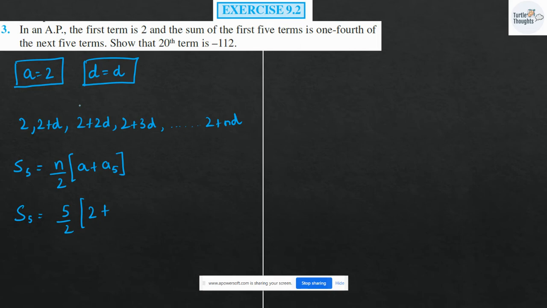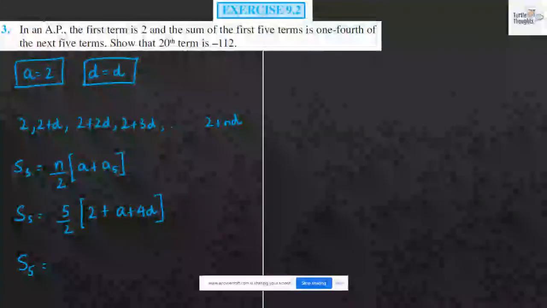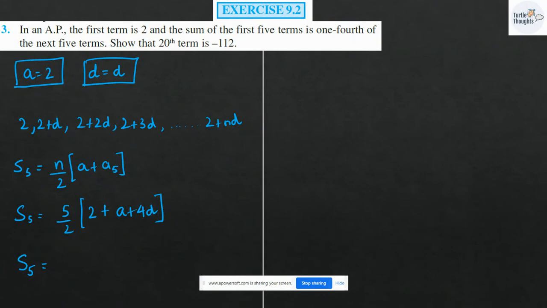This is a1, a2, a3, a4. a5 is going to be a plus 4d. Now I will be getting S5 as 5 by 2 multiplied by 2 plus a plus 4d. So I will be getting here 5 into 2, 10, will be equal to 10 plus 10d.